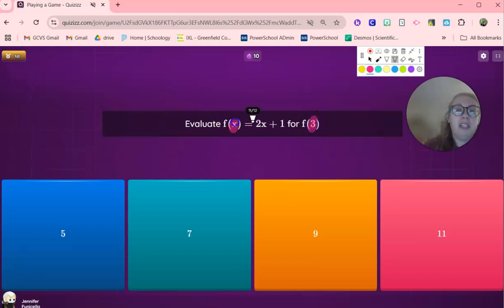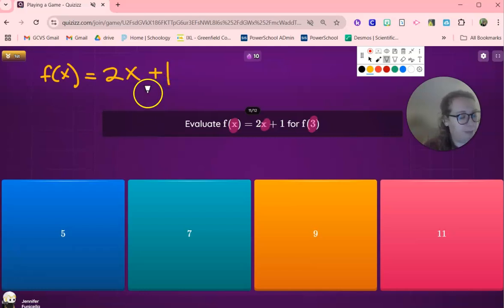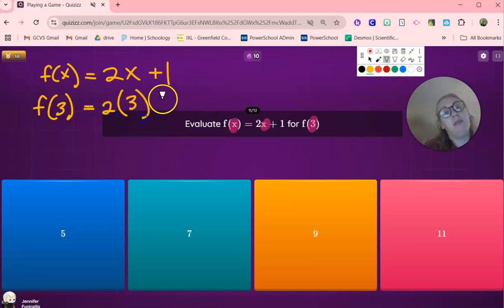3 is in the parentheses, so that is our input. So we started with f of x equals 2x plus 1. But now instead of an x, we're putting a 3. So f of 3 is 2 times 3 plus 1.